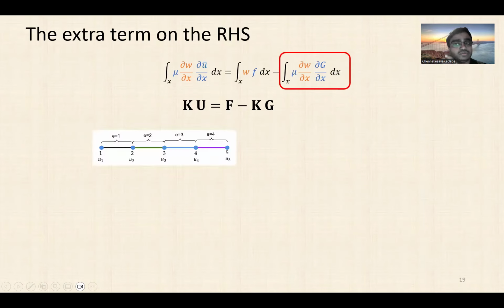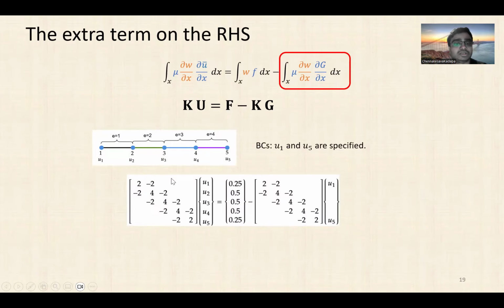We go back to our previous example where we split the domain into 5. We have 5 nodes, 4 elements, and we know that u1 and u5 are specified. We know that from g. This is our global assembled stiffness matrix, this is our original global force vector, and this is our extra term, and this is our K. K is exactly the same, and we can write G or we can write U, it doesn't matter much.